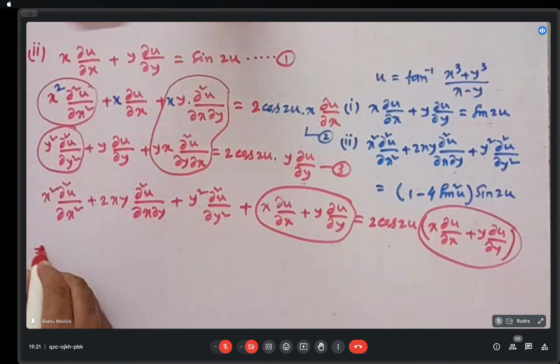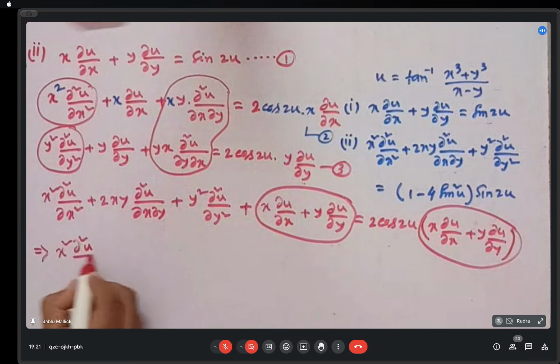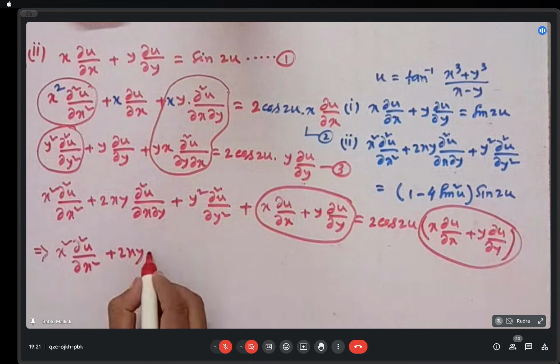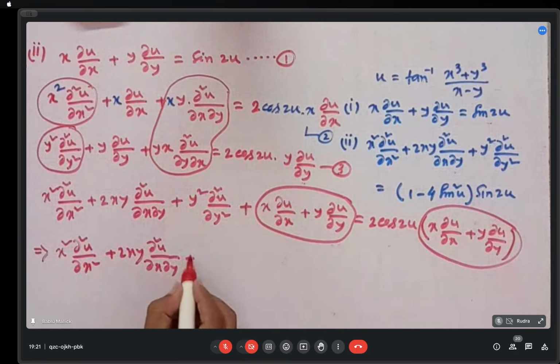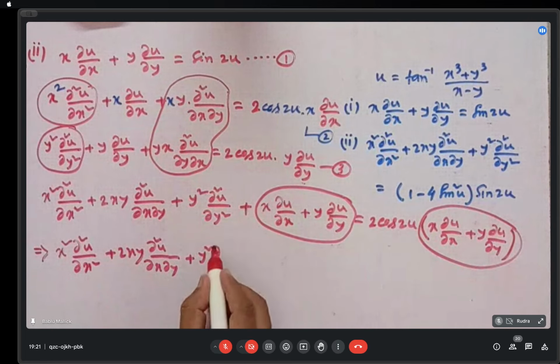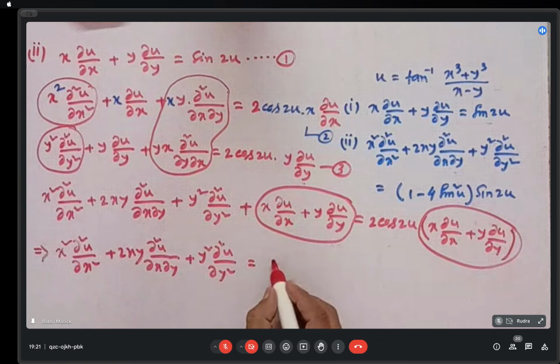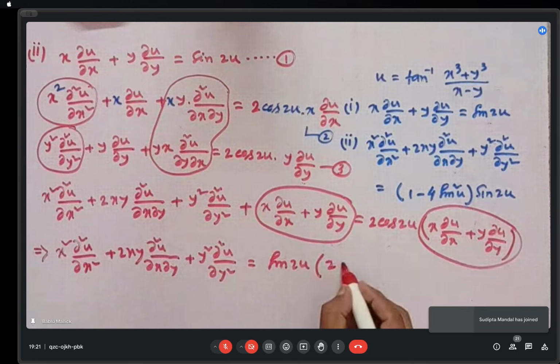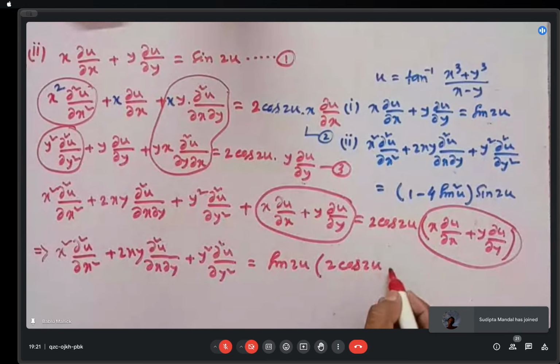So ultimately we are getting x square into del 2u del x2 plus twice xy del 2u del x del y plus y square into del 2u del y2 is equal to, taking sine 2u common, 2 cos 2u minus 1.